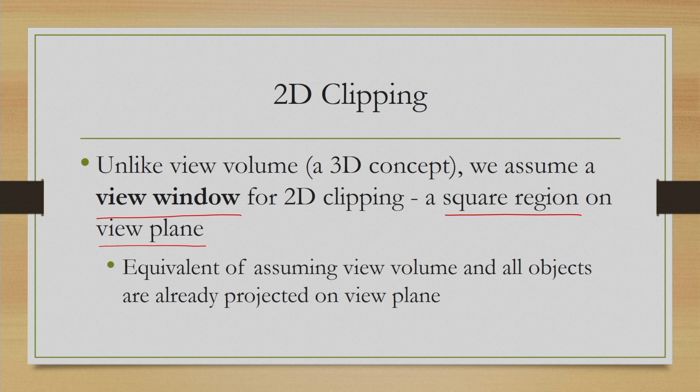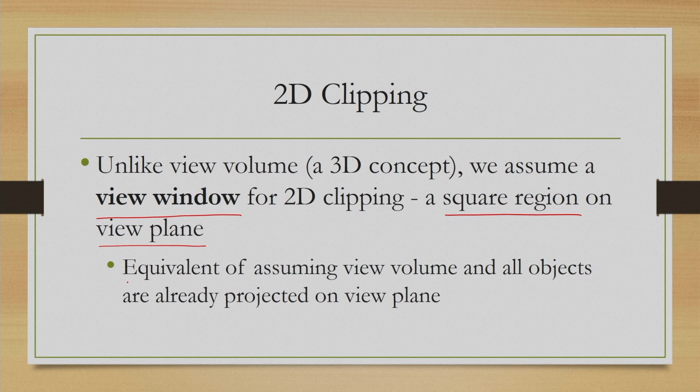In earlier lectures, we already got introduced to the idea that on the view plane there is a clipping window on which objects are projected. The concept is the same as the view window.